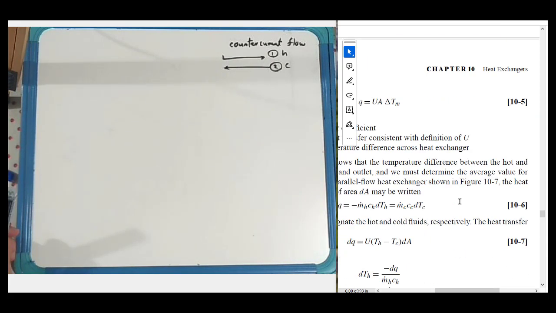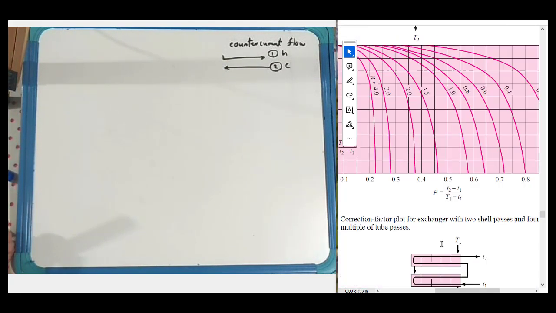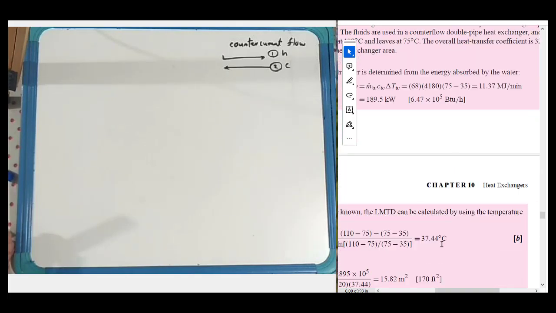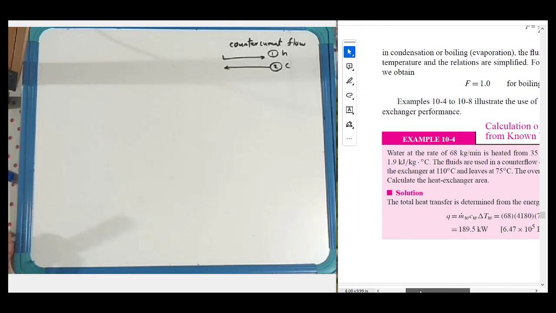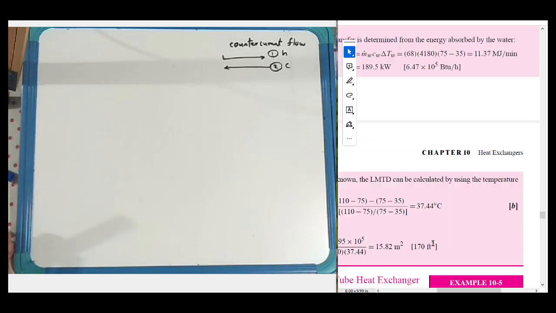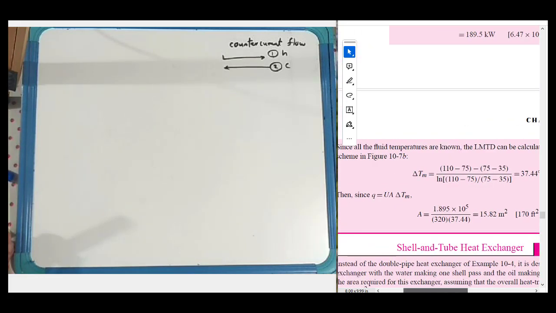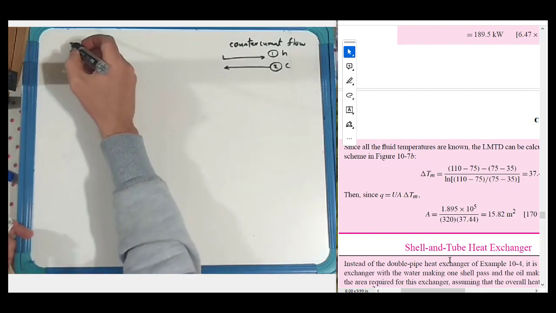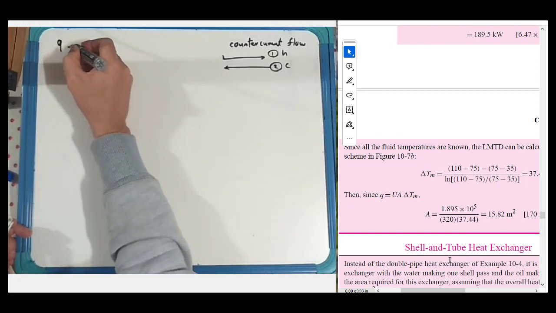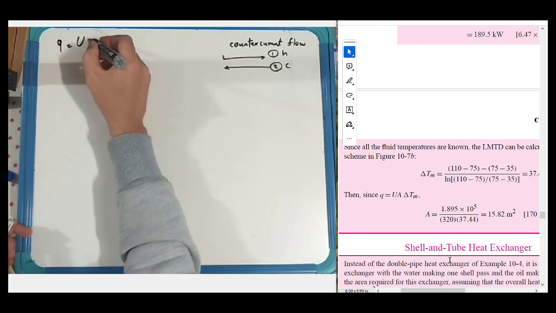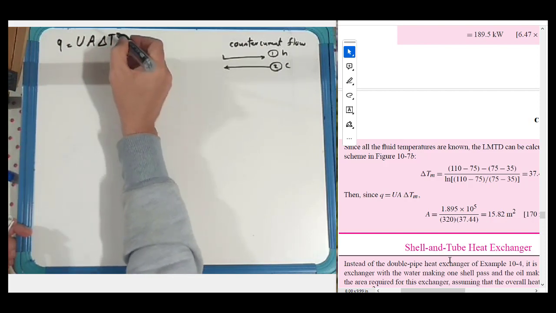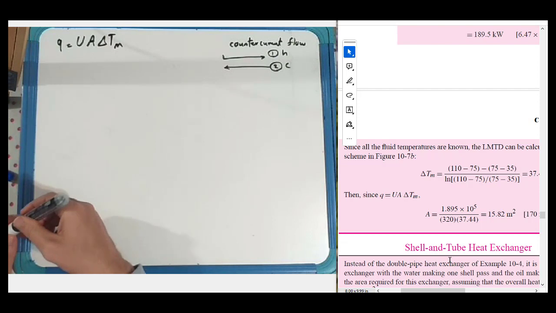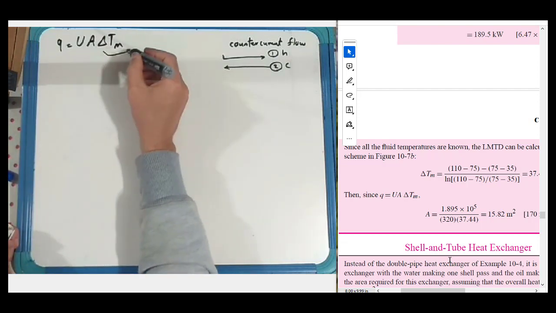Let me first write the formula to calculate this example. The formula would be Q equals U A delta Tm. But we don't have delta Tm.